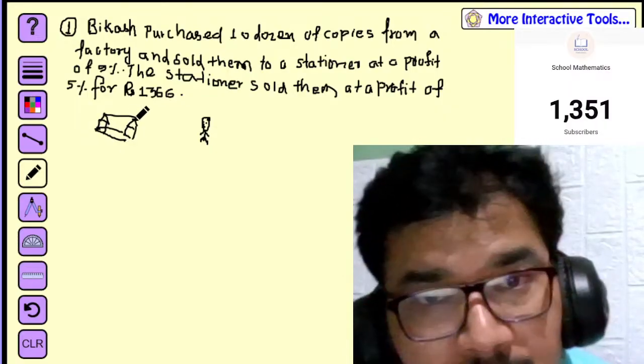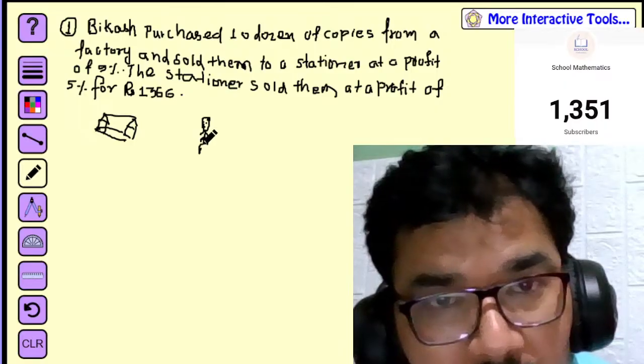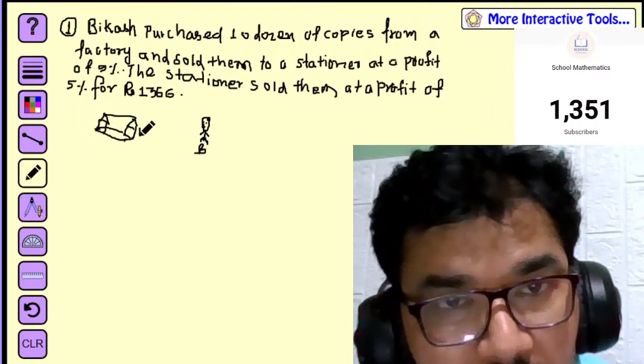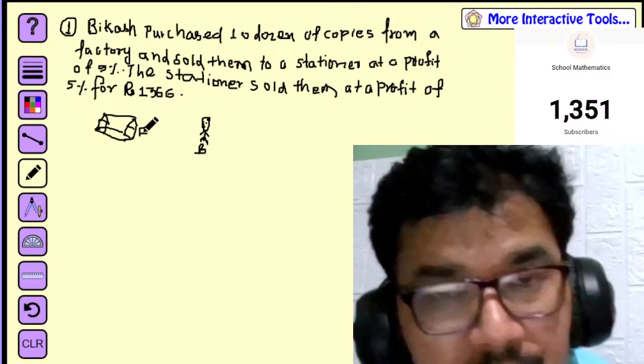I'm writing B for Bikash, and this is F for factory, okay?